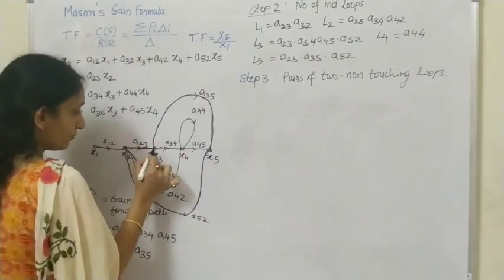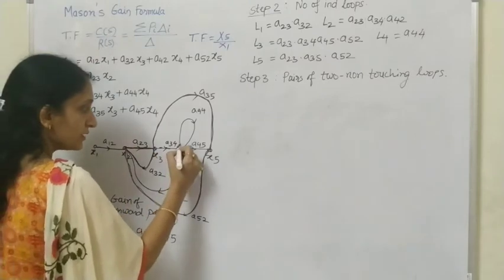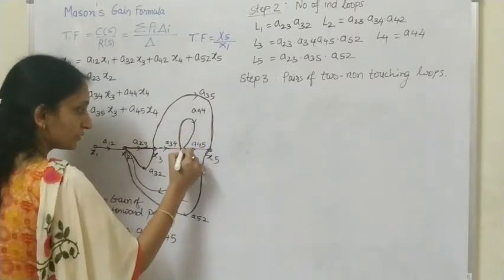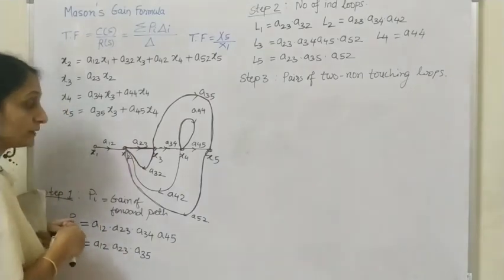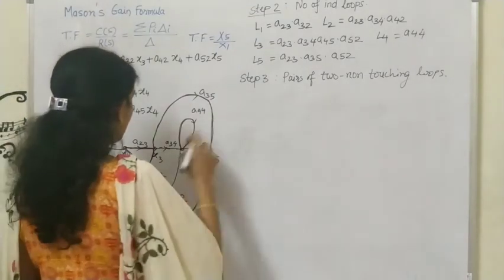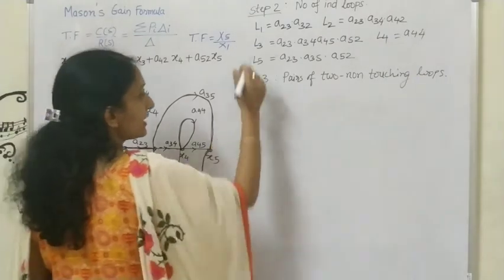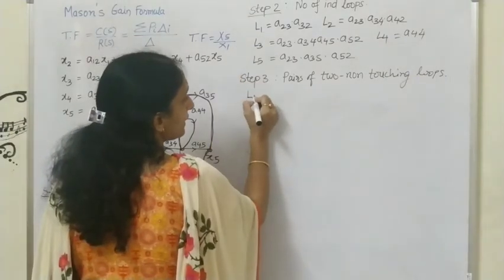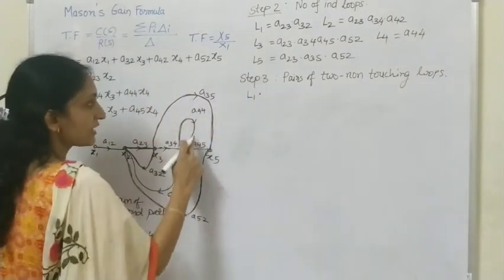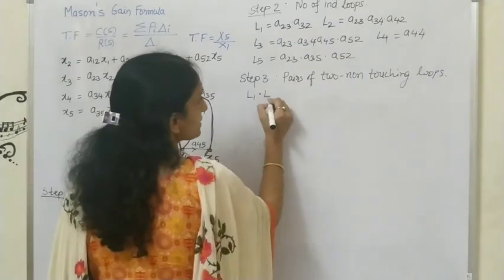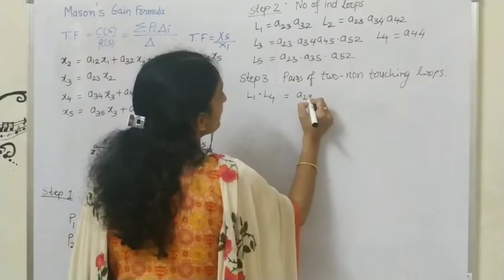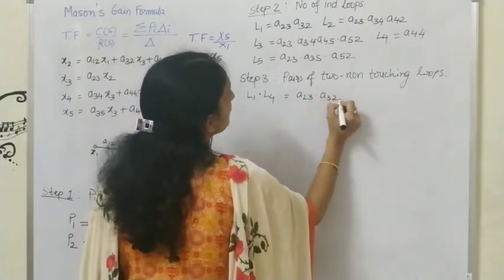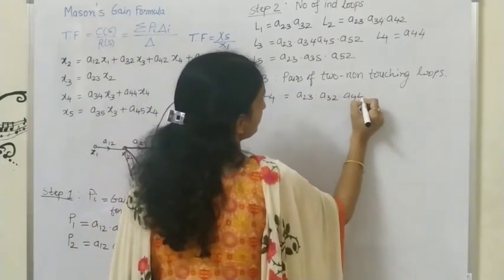We have considered this loop, and this loop is not touching this self loop, or it is not sharing any common part. So I will write like this. This loop we have considered as L1, so L1 into this self loop, which I have considered L4. The loop gain will be like this.